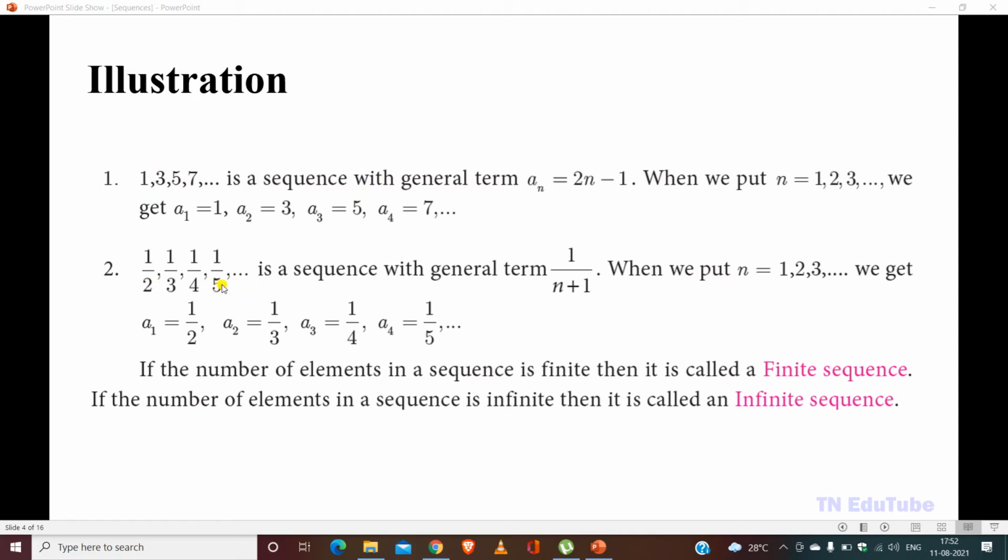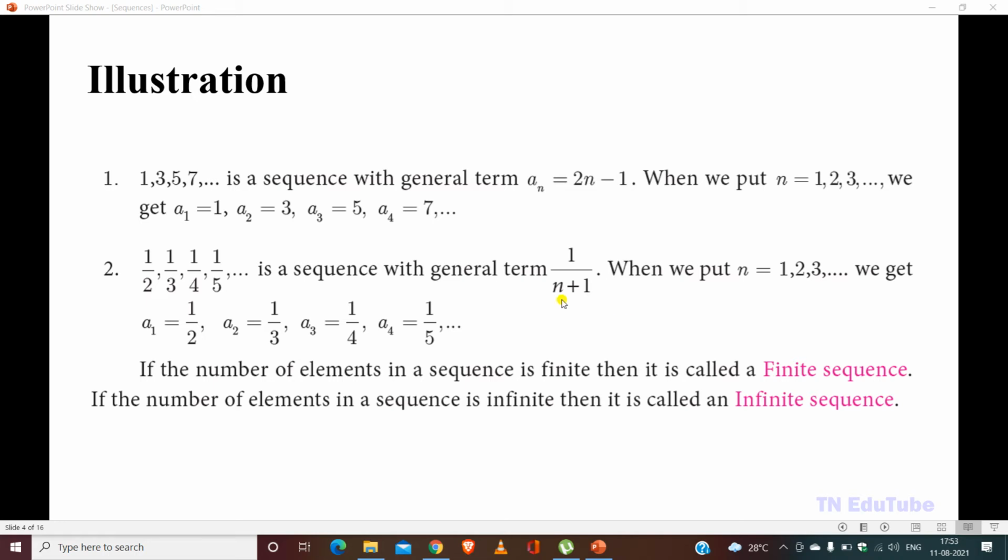See this sequence. The first term, second term, third term, fourth term are given, isn't it? For the sequence, the general form we have to find out, how the terms will be generated. Here 2, then next 3, then 4, 5, etc. So you have to take it as 1 by n plus 1, where n equal to 1, 2, 3.